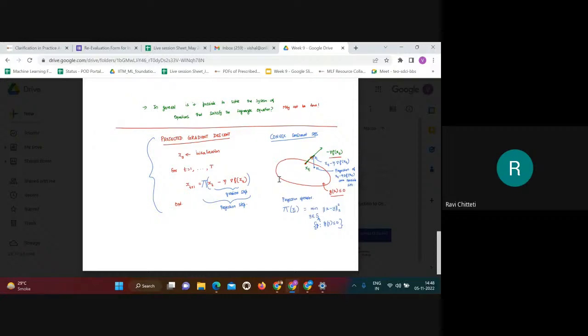Is that the way it is? Yes. But this was only talked about briefly here, so that we can get the idea regarding the convex function and the convex set.